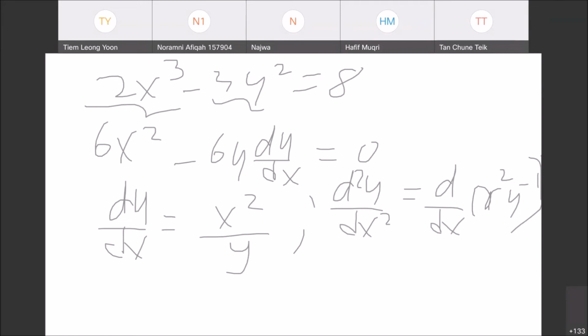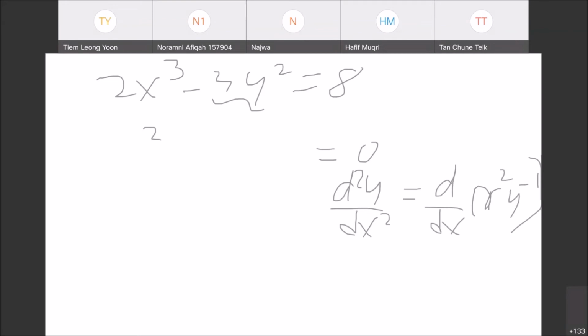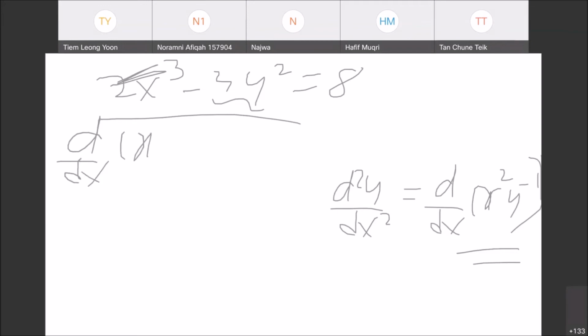Now the d/dx of x squared has already been calculated, and we are now calculating d/dx of y to the minus 1. Let's see if I can do this within a minute or two. We are rushing with respect to time. So the first term is d/dx of x squared times y to the minus 1.